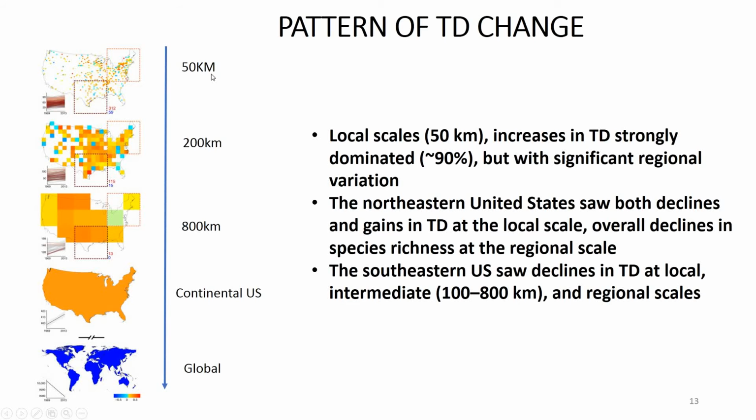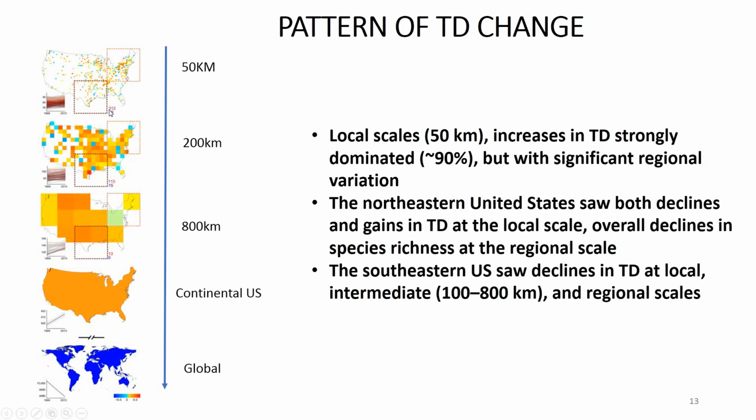So this figure shows the pattern of taxonomic change. Each cell's color presents the value of the taxonomic change. The red color presents a positive value, an increase in species richness, and the blue color indicates a decrease in species richness.